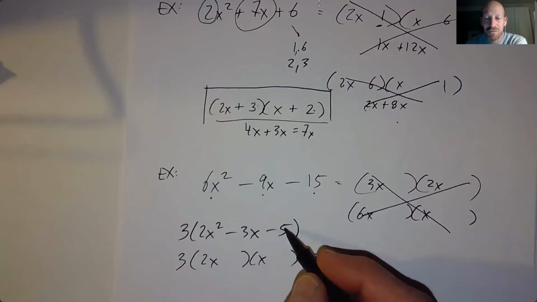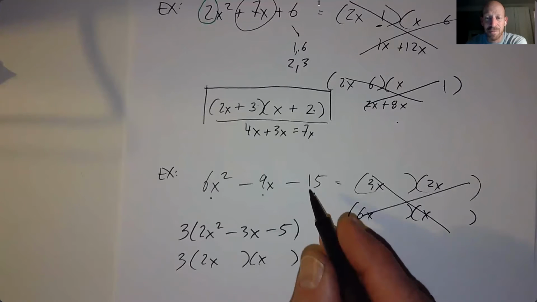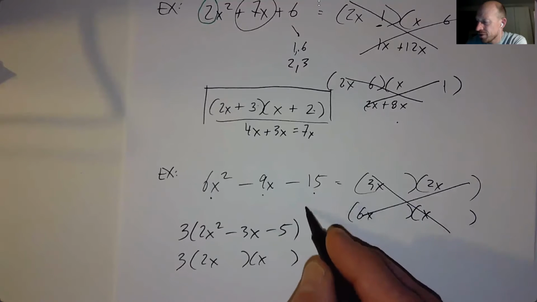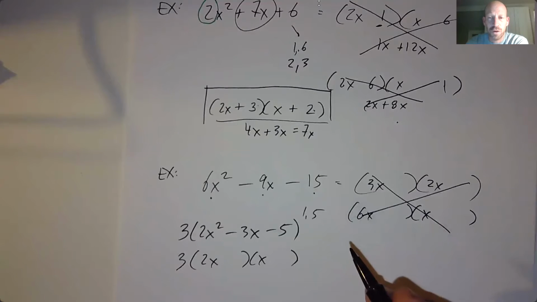And 5 or minus 5 is a lot better than minus 15 because again, there's only one way to get 5, right? It's a prime number, 1 and 5.